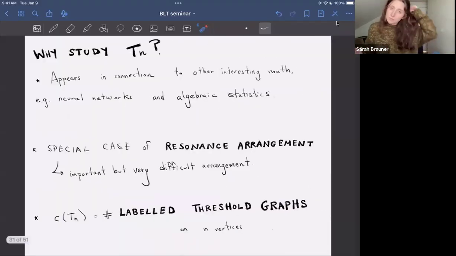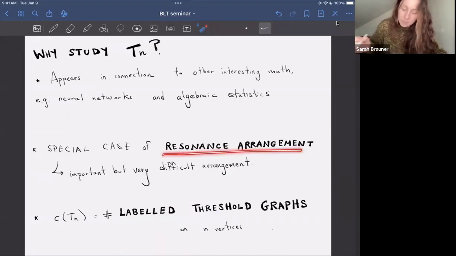Okay, so why study this arrangement? It actually appears in connection to a lot of other interesting math. So for example, things like neural networks and algebraic statistics, which might not obviously seem related. It's a special case of what's called the resonance arrangement.